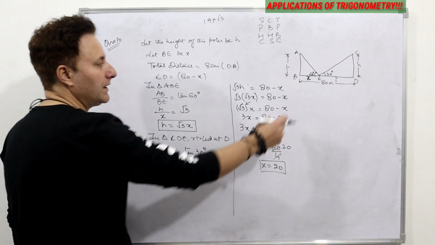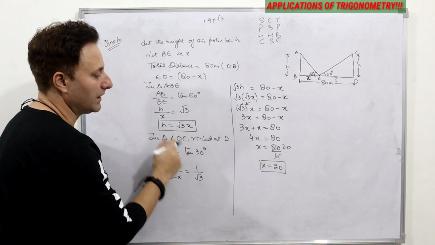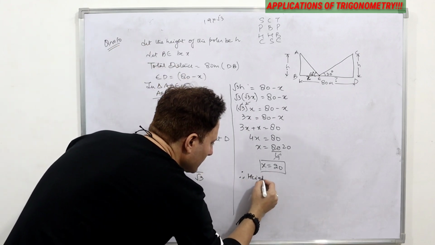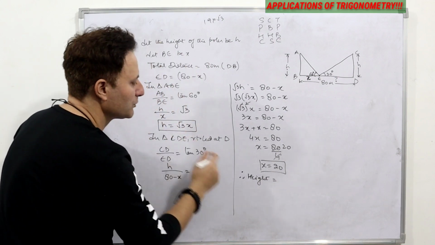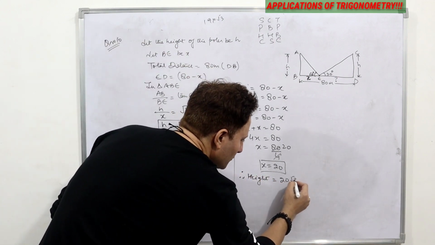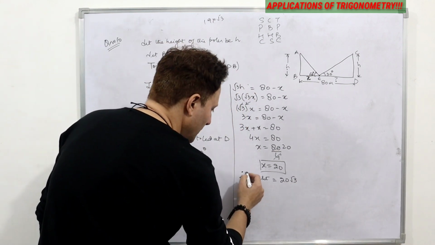Now if we have this value, we will be able to find this and even the height. Therefore height is equal to, that was root 3x, that is 20 root 3. Instead of x, I have used 20 because the value is 20.